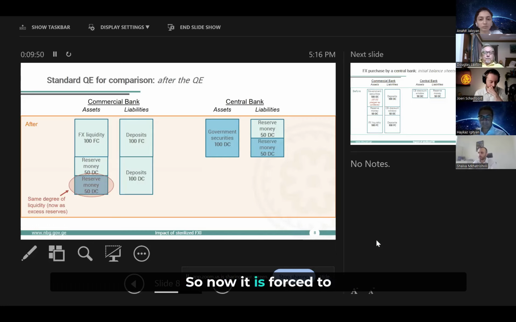So now it is forced to hold these short-term interest rate generating assets instead of long-term ones, so the demand for long-term assets becomes higher, the long-term yield becomes lower, and it means that the term premium declines. So this term premium is something that QE works through, but beyond this, you don't see much effect on balance sheets, especially on the liability side, or even if we had lending, the lending would not have changed much.